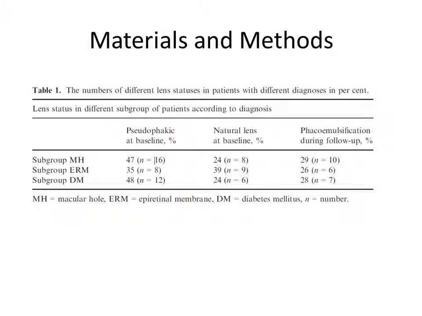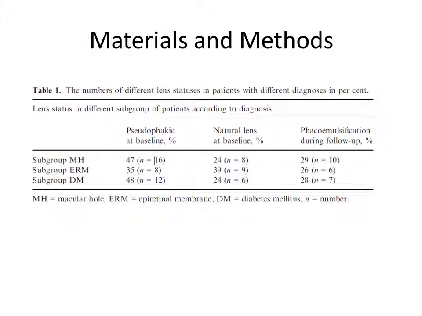But we later focused on lens status in these patients, and basically we have three groups because we have a one-year, 52-week follow-up, so it is quite long. The first was the patients who entered the study with an artificial plastic lens after cataract surgery. The second was the patients with the natural lens inside, remaining with the natural lens through the whole study.